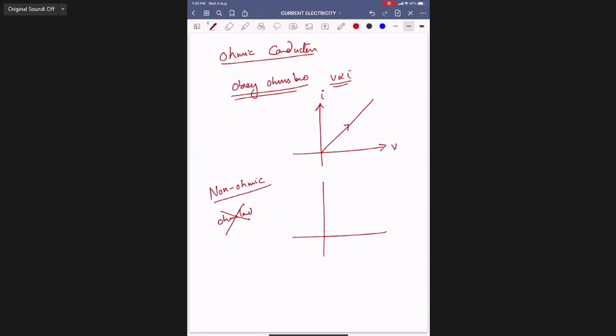Then the voltage versus I graph is like a curve, or it will be like this one. These are non-ohmic conductors. All metals are ohmic conductors. Some semiconductors and certain of the metals are non-ohmic.